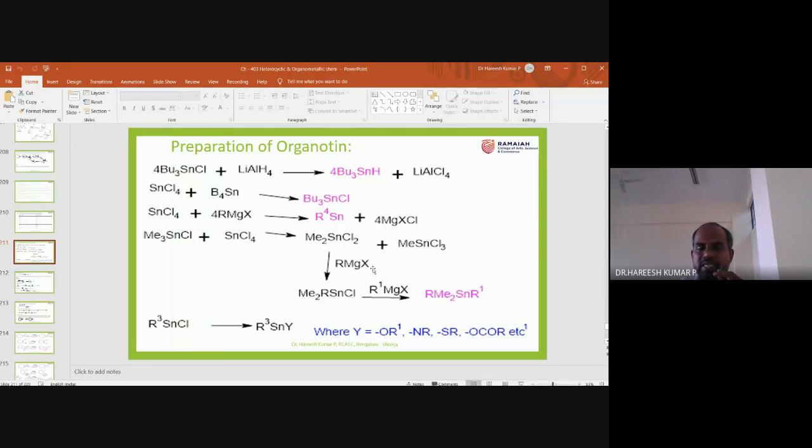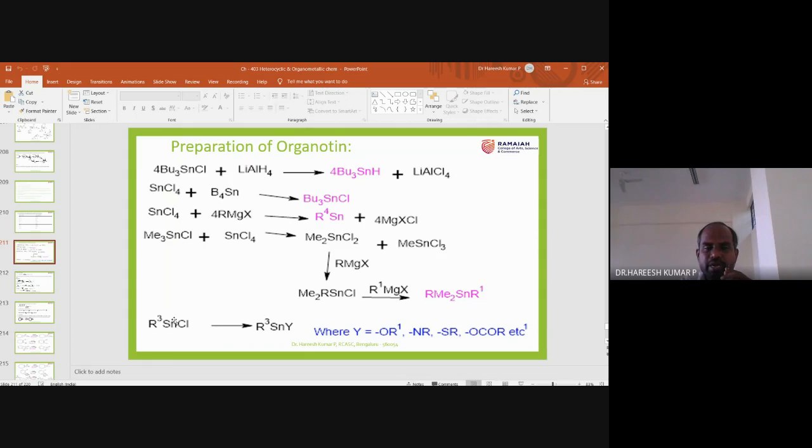Again, if this is treated with a different alkyl magnesium halide, then it will give you a substituted dimethyl stannane. And one more thing is possible.